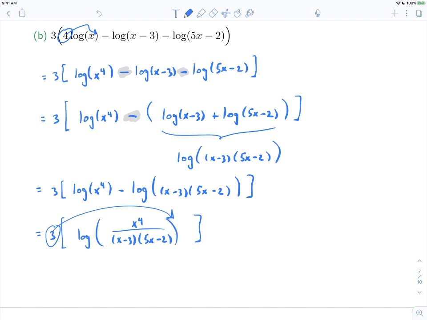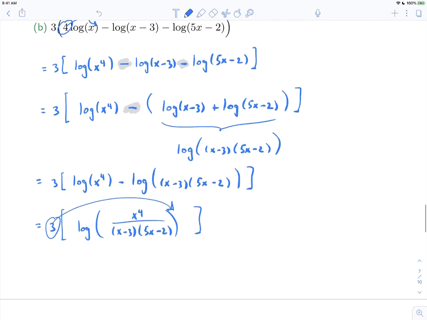So this will be equal to log of x to the 4 over x minus 3 times 5x minus 2, and all of that raised to the 3. The property tells us that if you have the logarithm of something raised to the 3, you can take the 3 outside. Now here I'm just going backwards, and I'm putting the 3 back inside as an exponent.